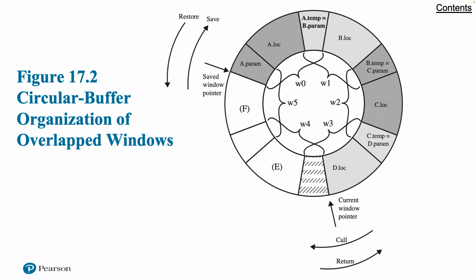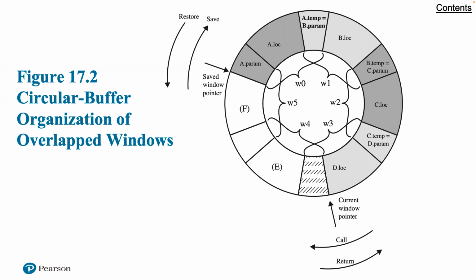A calls B, B calls C, C calls D, with procedure D active. The current window pointer, CWP, points to the window of the currently active procedure. Register references by a machine instruction are offset by the pointer to determine the actual physical register.